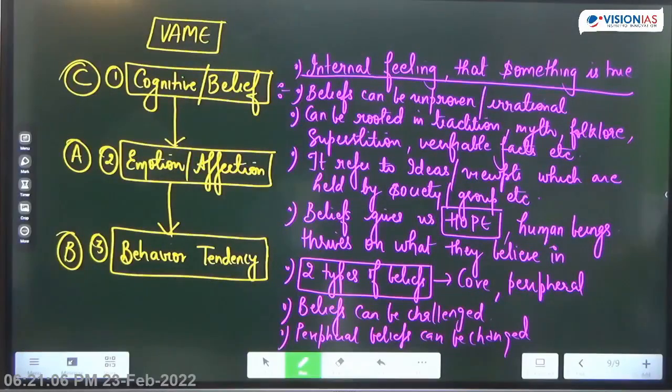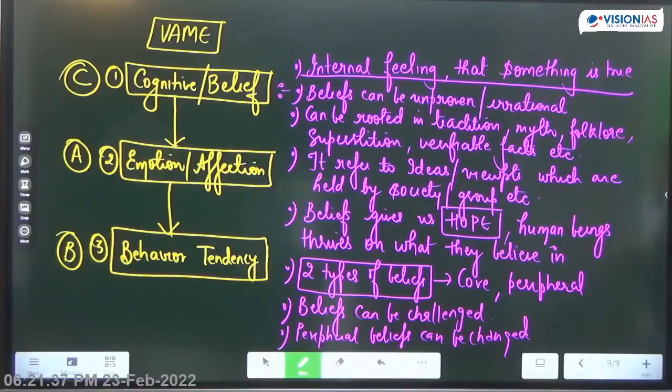Beliefs can be unproven, they can be irrational. Beliefs can be rooted in tradition, customs, myth, folklore, superstition. However, it can be rooted in verifiable facts as well. It refers to the ideas, viewpoints which are held by society, groups, etc. However, the best thing about beliefs is it gives us hope.